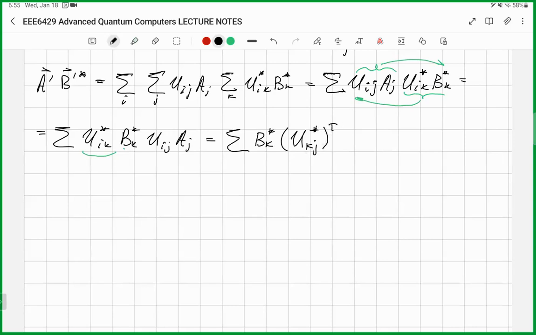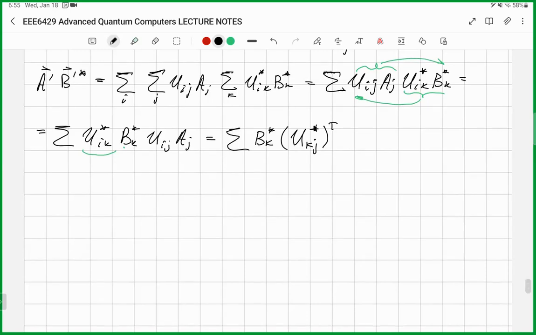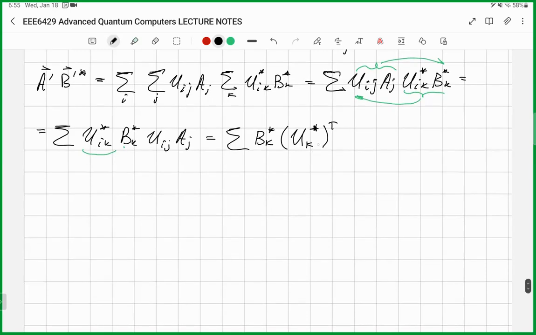So when I take the transpose, this k and j change the order. Let me see. So it's not j, it's i, right? This is i.